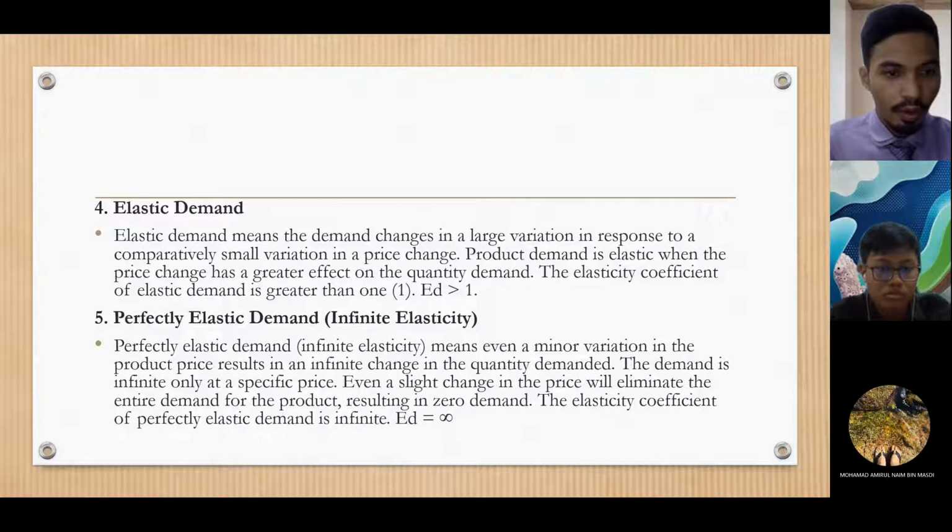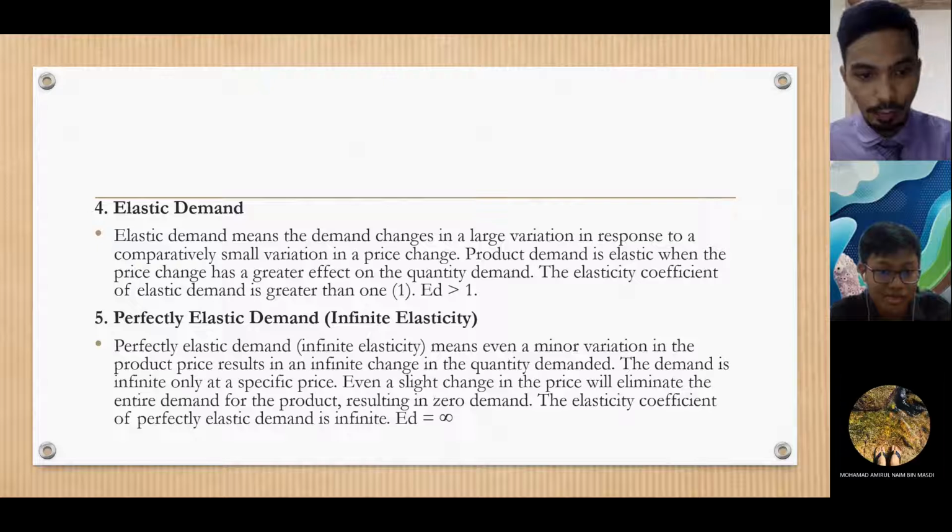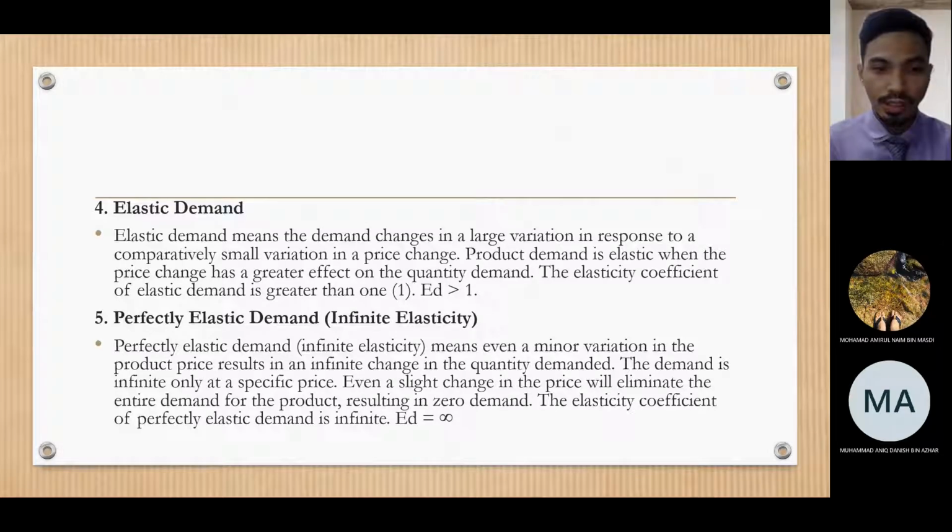And the last one is perfectly elastic demand, also known as infinite elasticity. Perfectly elastic demand means even a minor variation in the product price results in an infinite change in the quantity demanded. The demand is infinite only at a specific price. Even a slight change in the price will eliminate the entire demand for the product, resulting in zero demand.